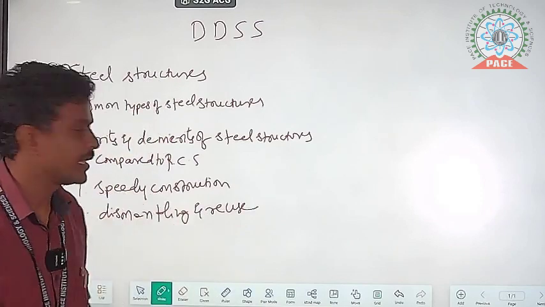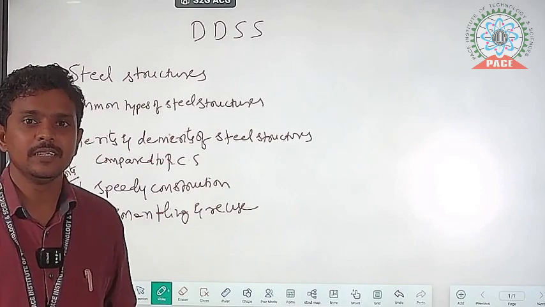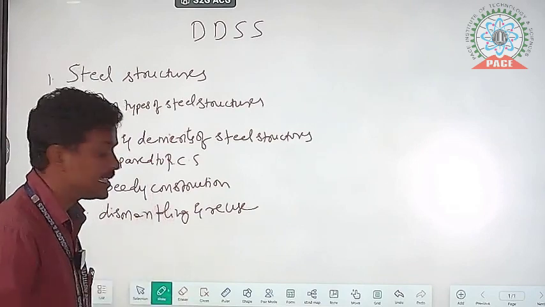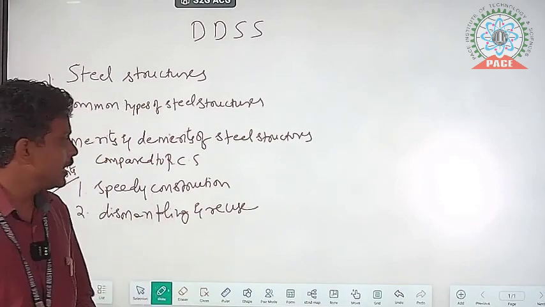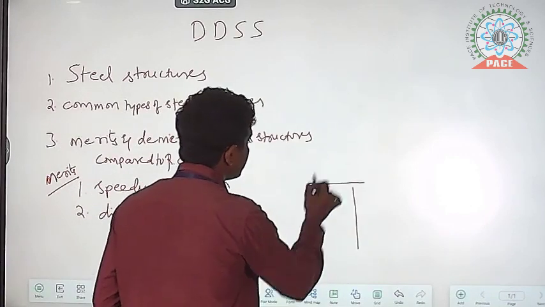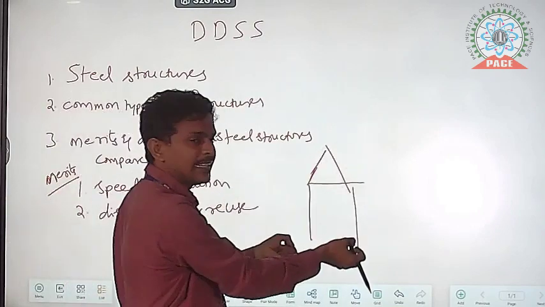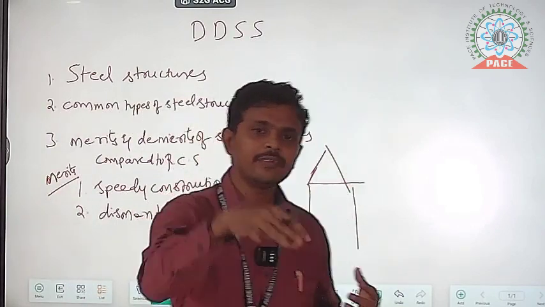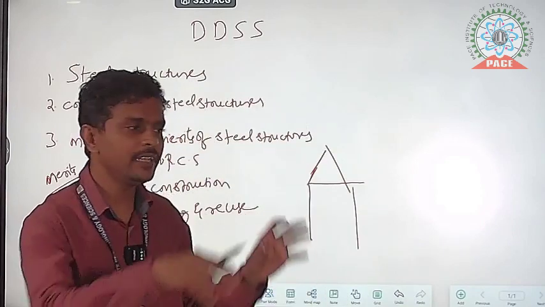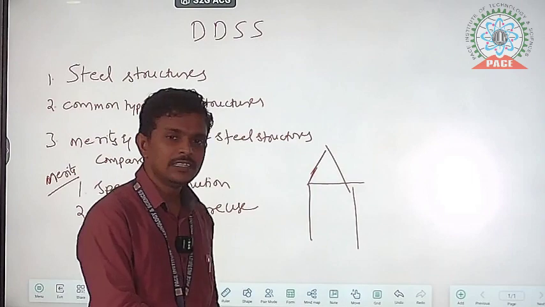For example, if we take the steel structure, every element, for example these columns and these beams, everything we can dismantle, and then we can go wherever we want to do the construction and use this steel structure. Why? Because we cannot spoil that steel. But with concrete structures, how can we break?